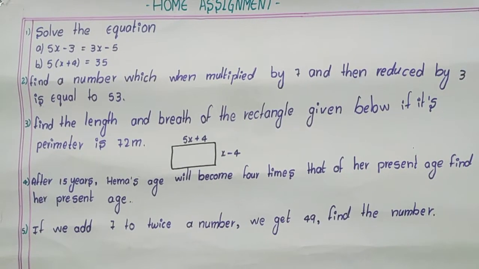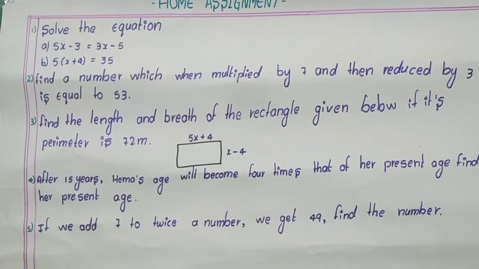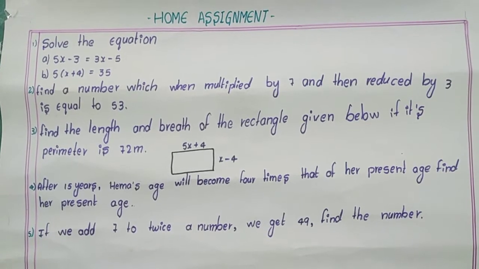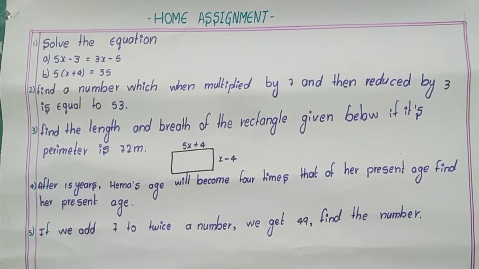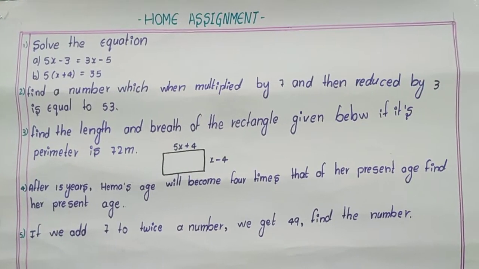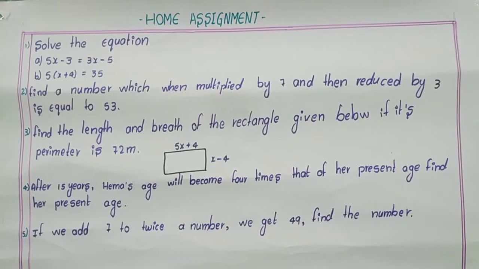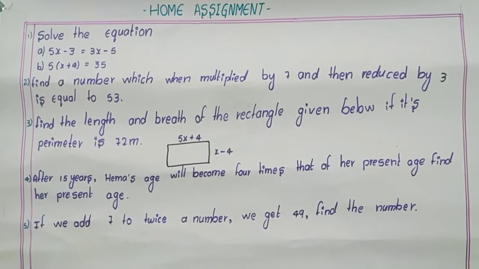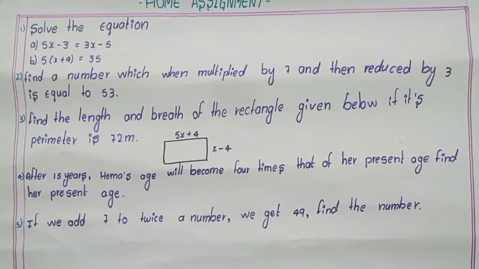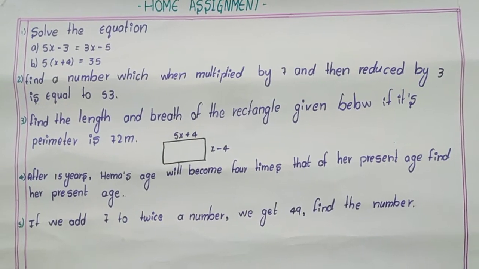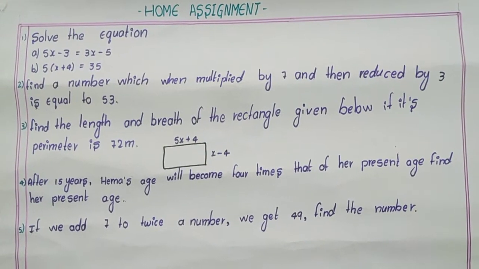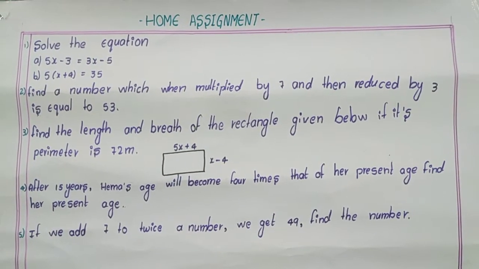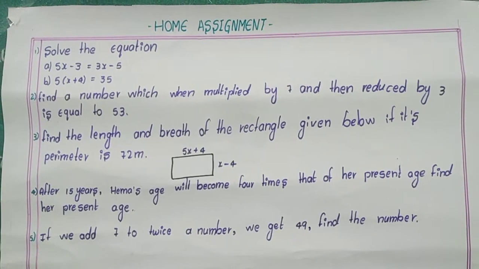Third one, find the length and breadth of the rectangle given below, if its perimeter is 72 meters. Fourth one, after 15 years, Hema's age will become 4 times that of her present age.